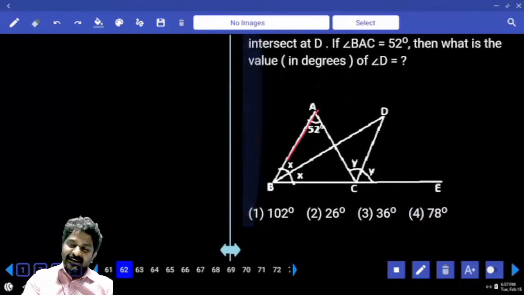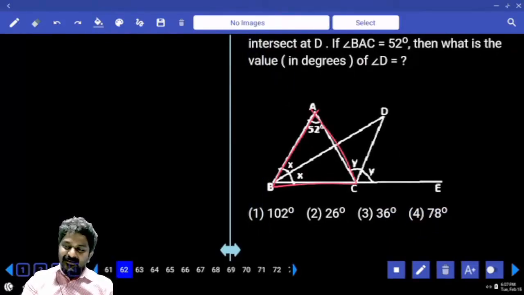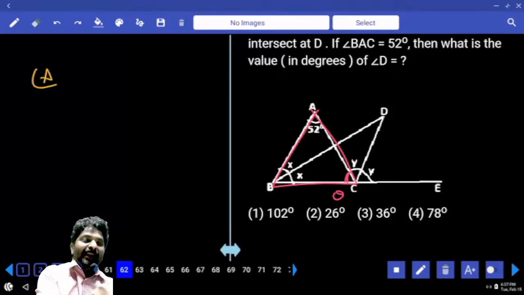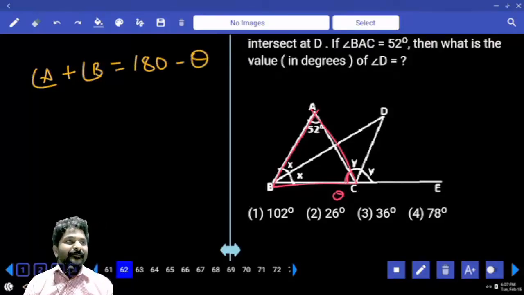First, let me consider triangle ABC. If angle at C is equal to theta, angle at A and angle at B together must be equal to 180 degrees minus theta, right? The triangle's internal angles must sum to 180 degrees. Correct? Remember this point.